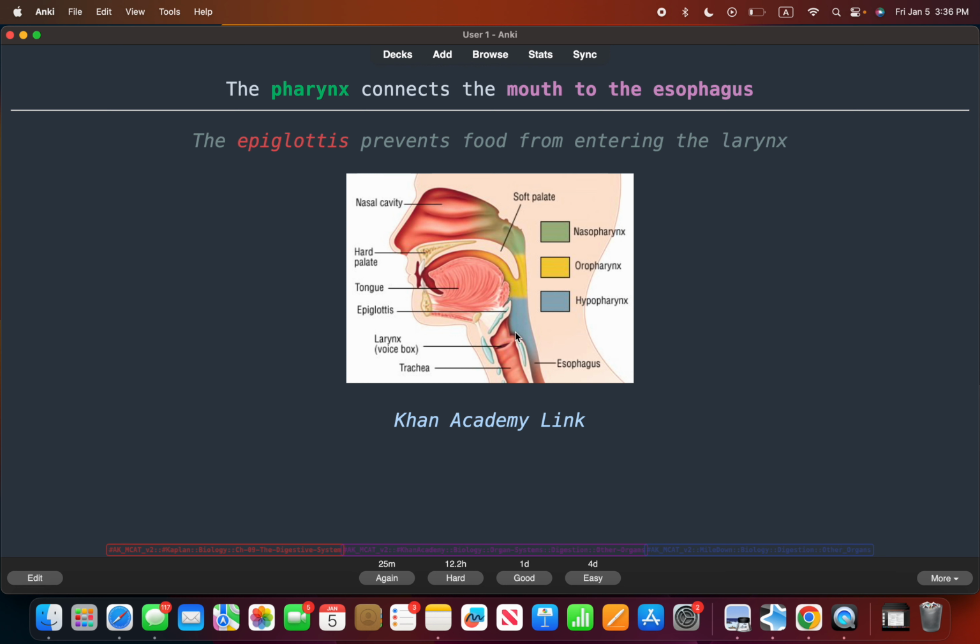If food sometimes goes toward your trachea, you have the reflex, right? So it doesn't go here, and it goes to your esophagus. That's why you don't want to speak while you're eating.